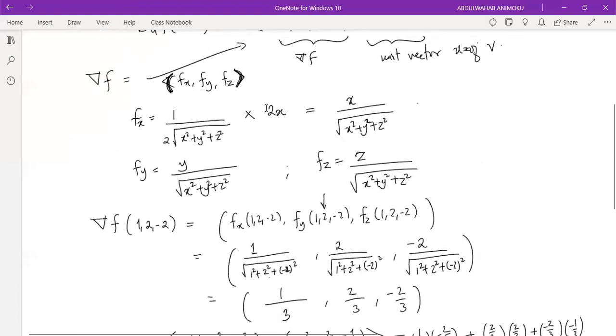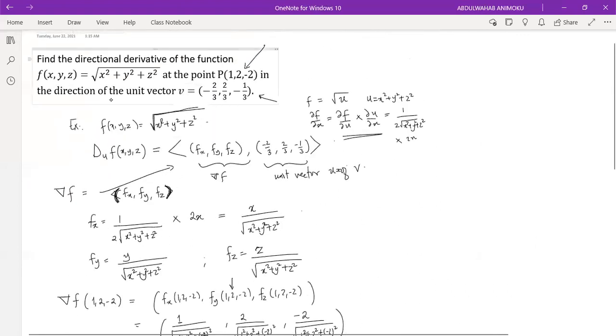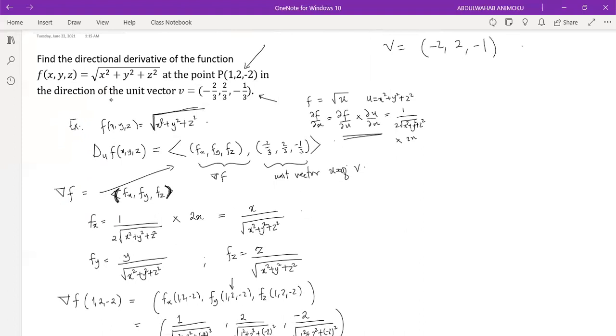Now, there's a caveat in this problem. What if v was given as minus 2, 2, and minus 1? The first thing you have to do before you proceed with this formula is, remember, we need the unit vector.